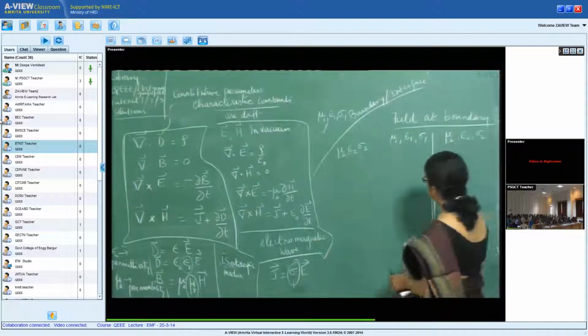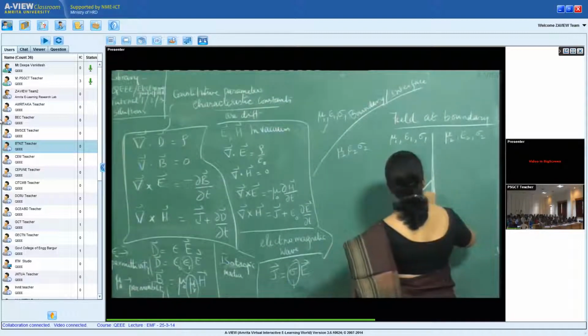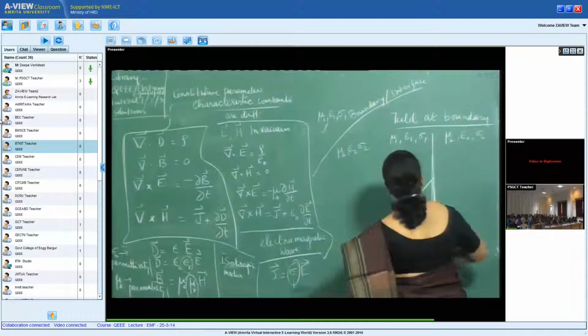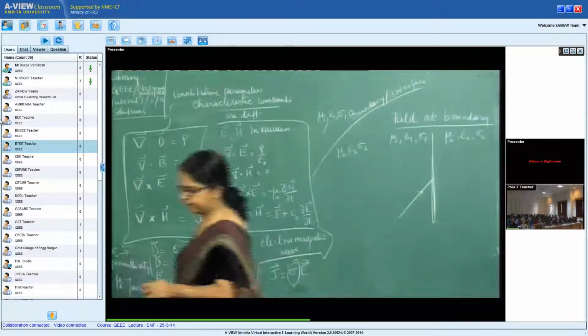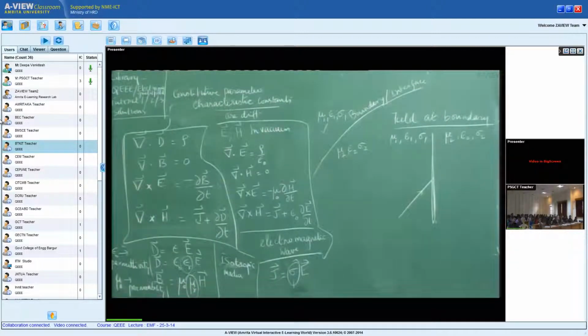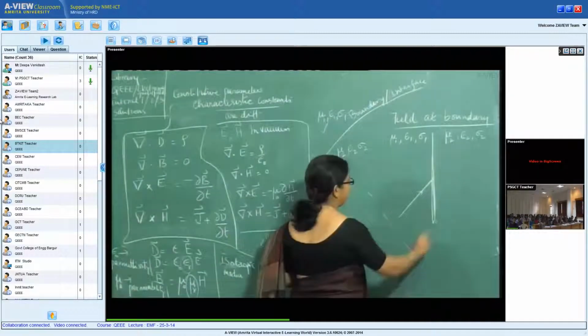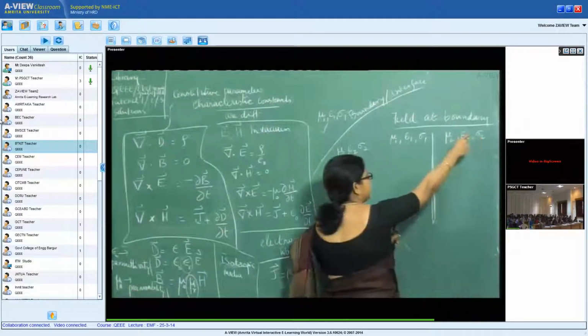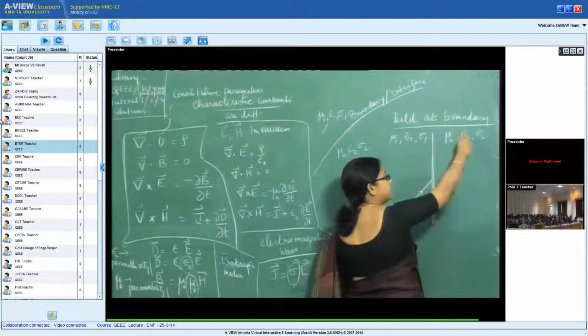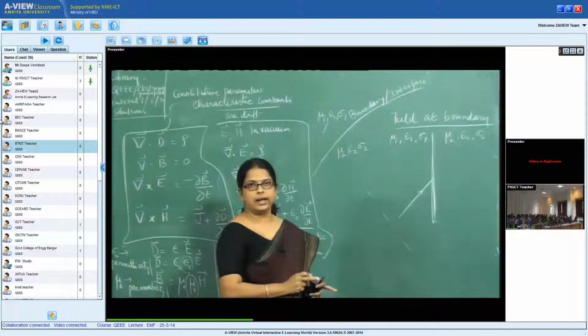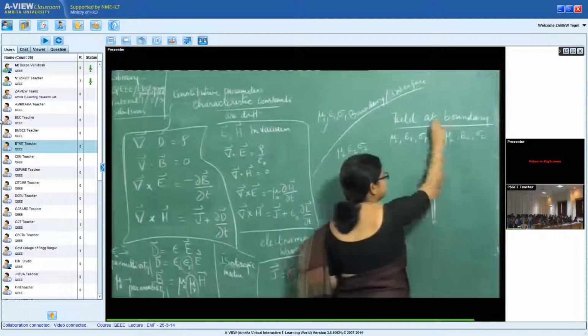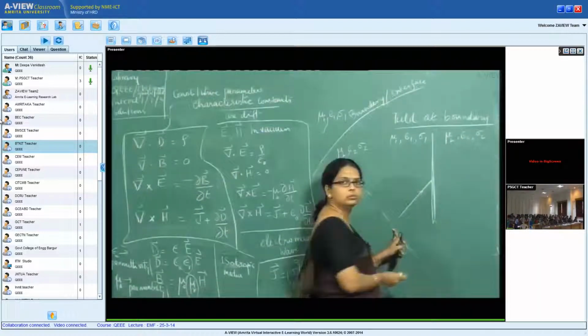Now let us say I have an electric field represented by this vector on the left side. It could be a static field or a time varying field. It means that I could have two plates here and be charging them so that there is a static electric field between the two, like the two plates of a capacitor.